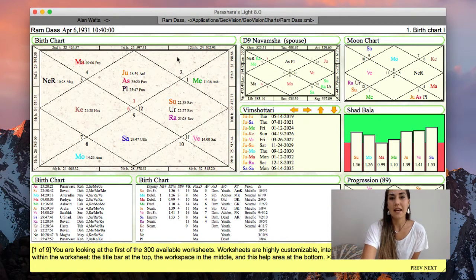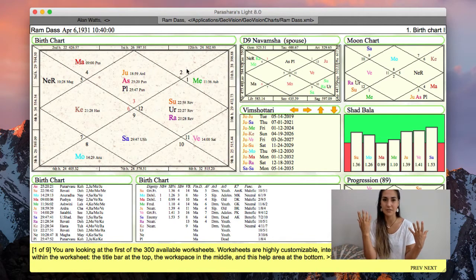The 9th aspect, 7, 8, 9th on the 12th house. This is, again, the 12th house is another moksha house, okay? The 4th house is a moksha house, 8th house is a moksha house, 12th house is a moksha house. It's receiving aspect from Ketu. Every single moksha house is receiving an aspect from Ketu. Deep spirituality, deep divinity, deep interest in these spiritual pursuits.